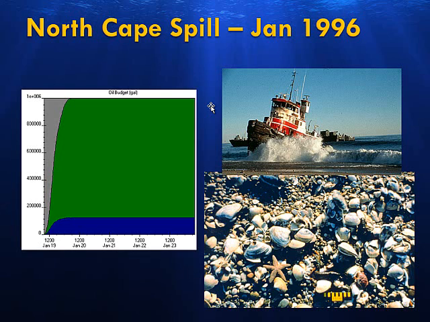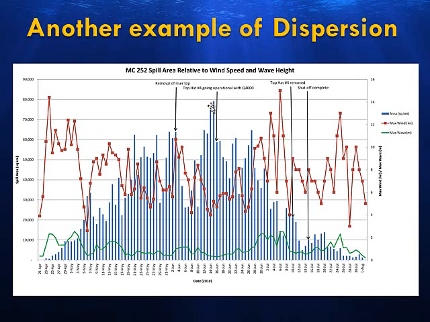There really wasn't anything to clean up from a response standpoint, from an oil cleanup standpoint, but because it so thoroughly mixed that diesel-like fuel into the water column, it caused a lot of benthic impacts in the near shore subtidal. So there's a lot of dead things to pick up on the shoreline, but not much oil to pick up, just because of the degree of physical dispersion in the water column.